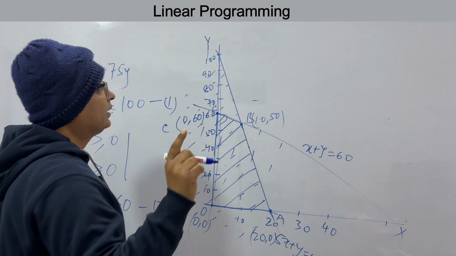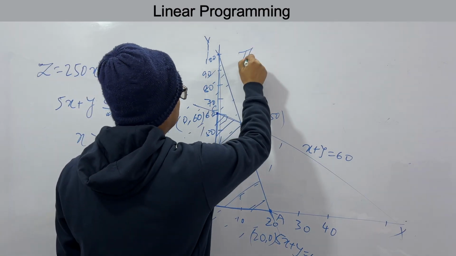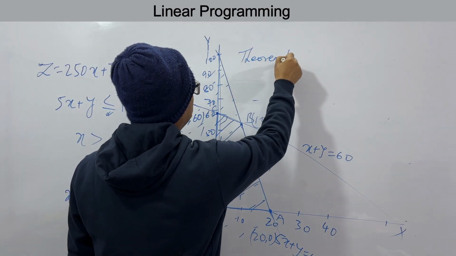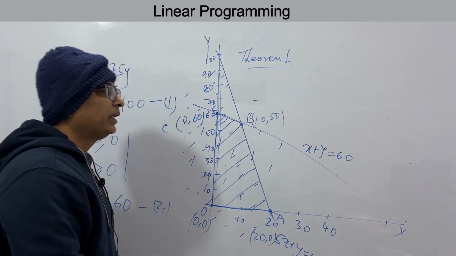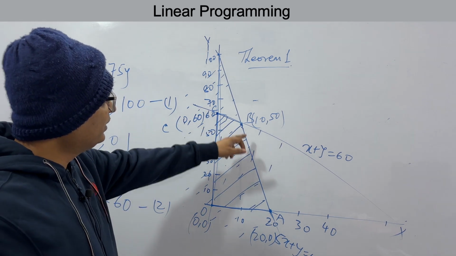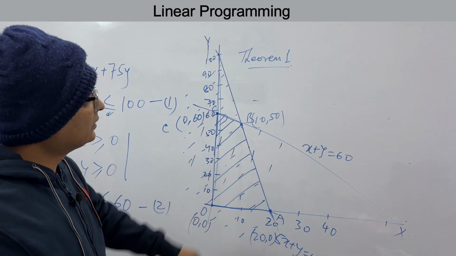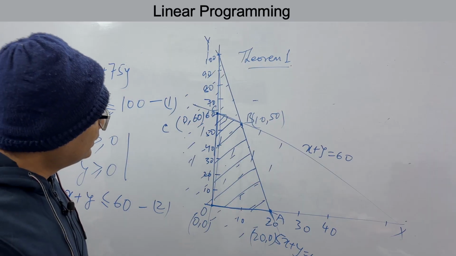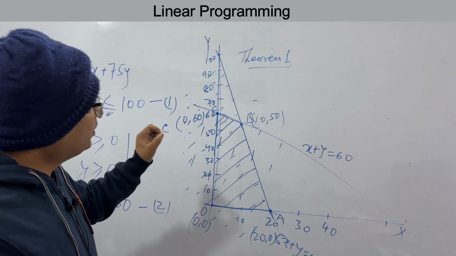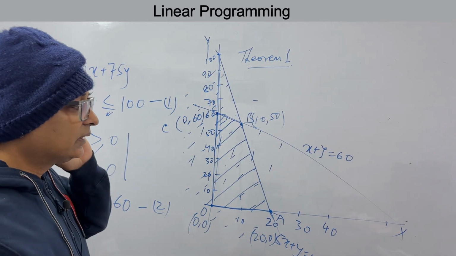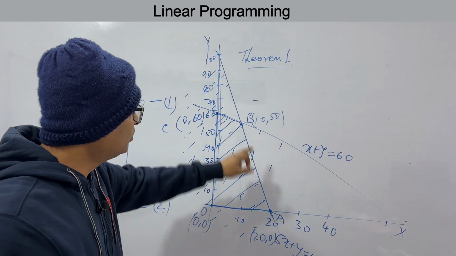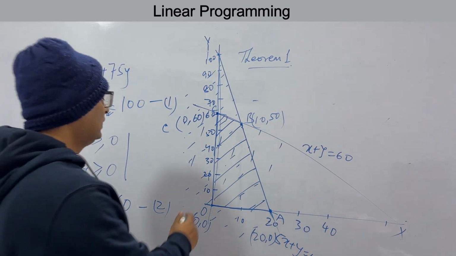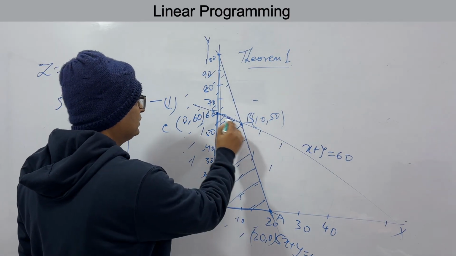Now, there are 2 important theorems. First theorem says, I am stating them in a very simple way so that you understand. It says that if we have a feasible region that is a convex polygon, then the maxima or minima, that is the optimal solution, lies at the corner only. That is, there are 4 points.